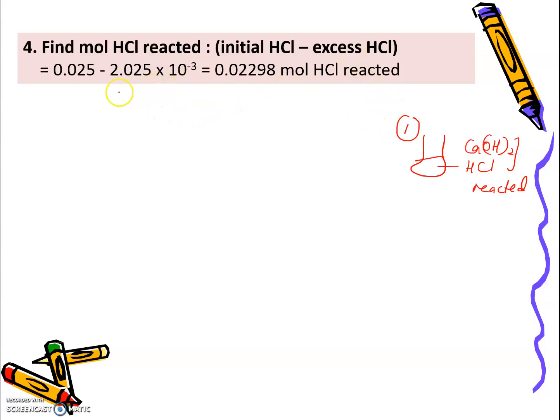Okay, so 0.025 mole for initial HCl minus 2.025 times exponent negative 3 mole for excess HCl, then the answer is 0.02298 mole HCl reacted.